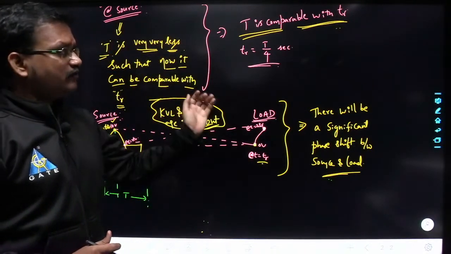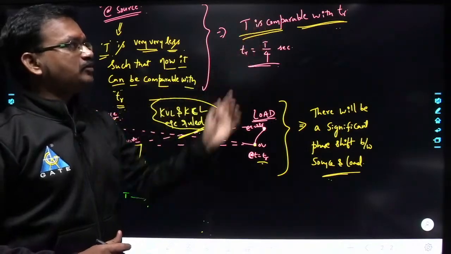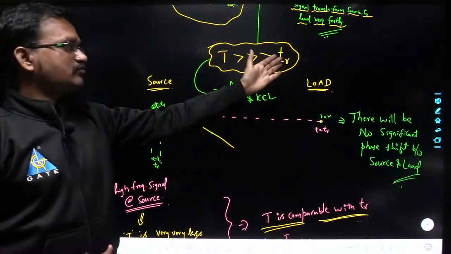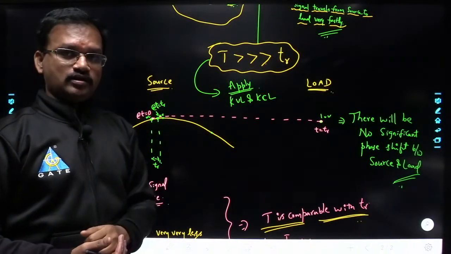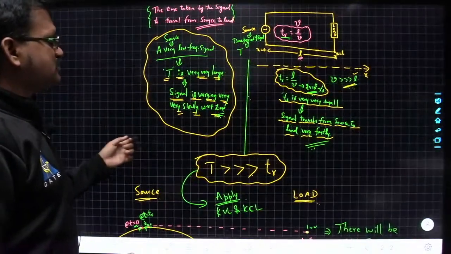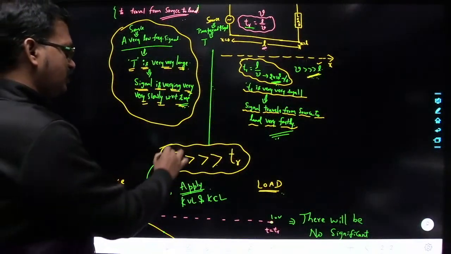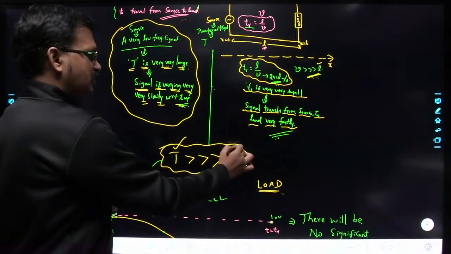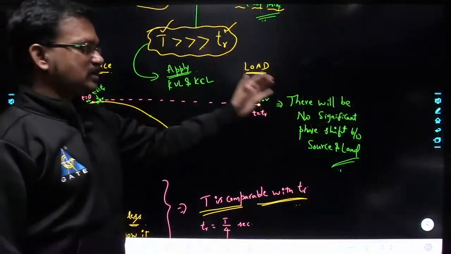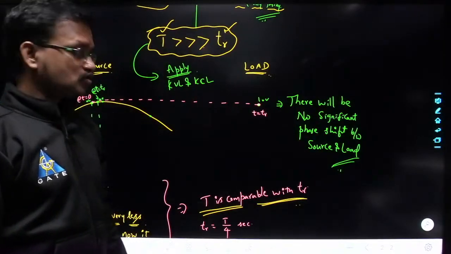What happens whenever T is comparable to TR, and what happens whenever T is very much larger than TR? Understood? Whenever you apply a very low frequency signal such that the time period of the signal is far greater than TR, there will be no significant phase shift between source and load.